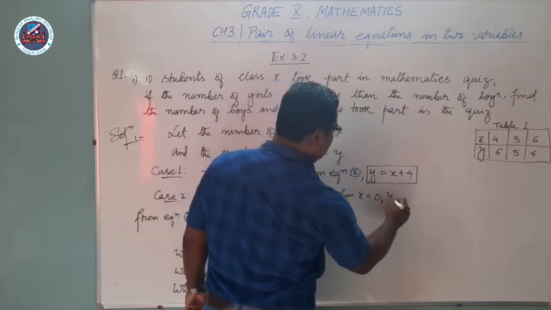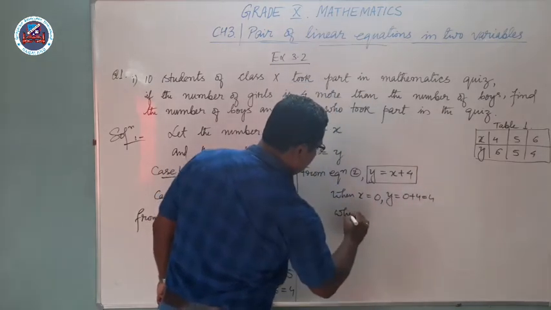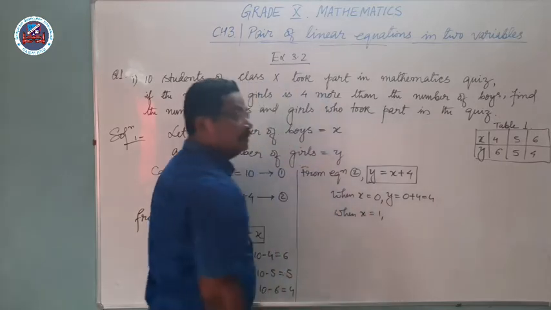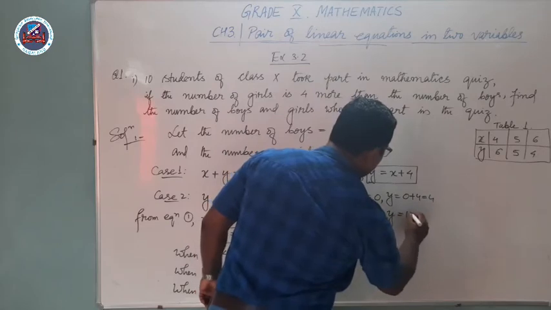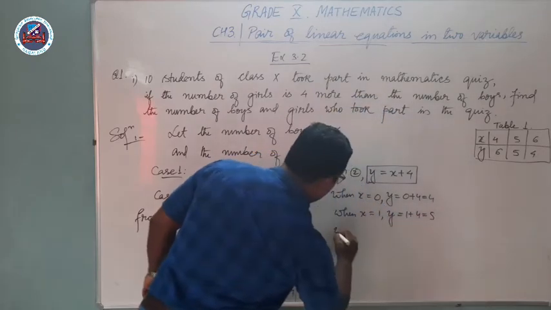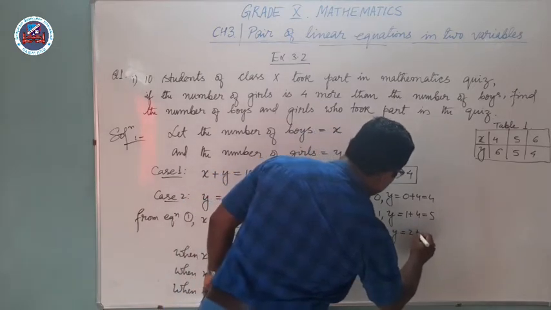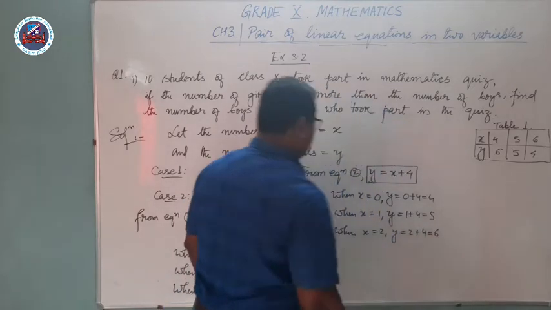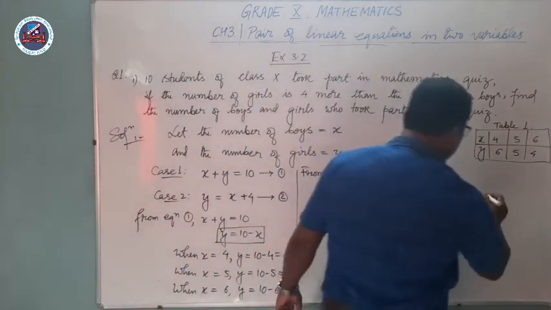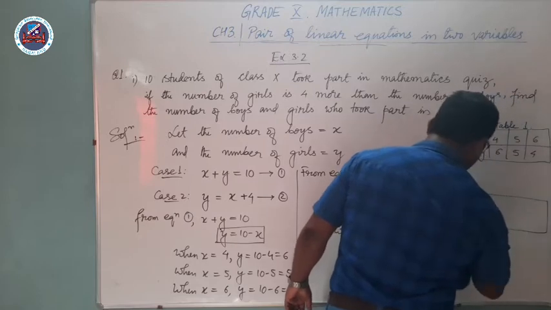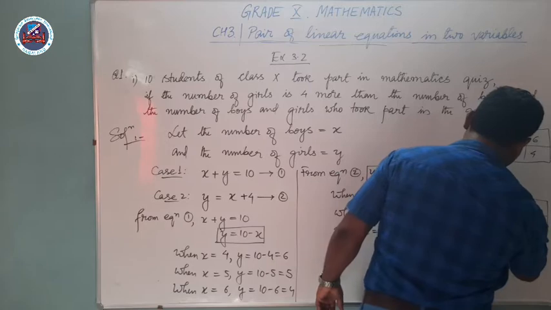When x is 1, y is 1 plus 4 is 5. And when x is 2, y is 2 plus 4 will become 6. Like this you can get different values of y for different values of x. After you get it, make table 2.